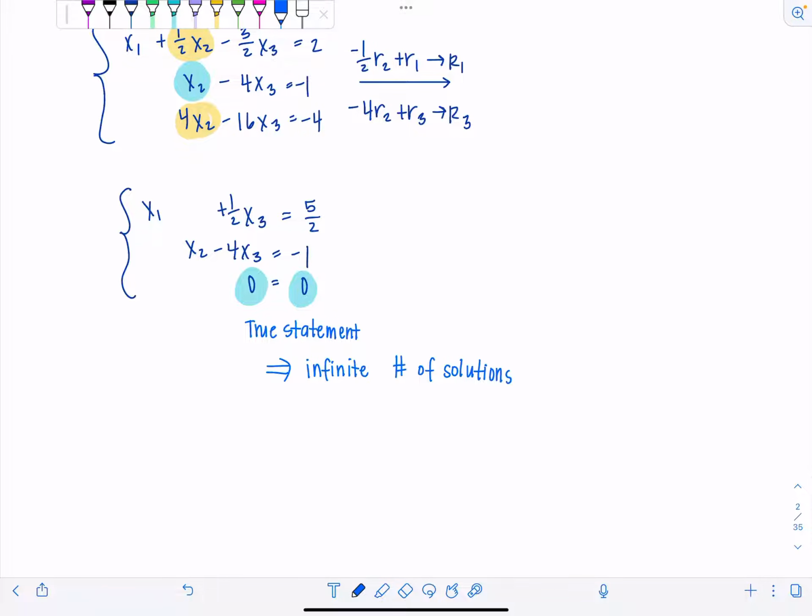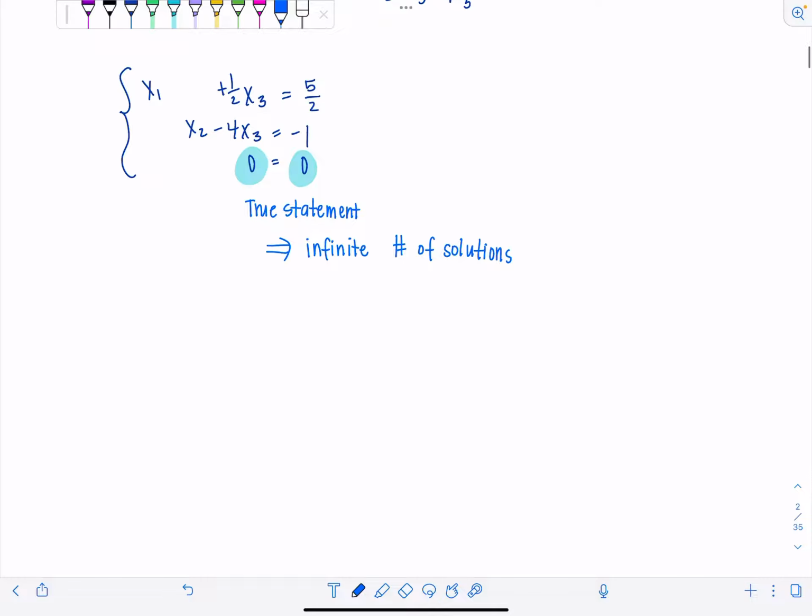Okay? And so what you want to do from here, the way you write your final answer, is you rewrite the variables on the furthest left in terms of the other variables.